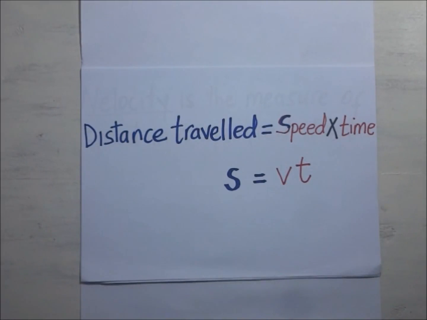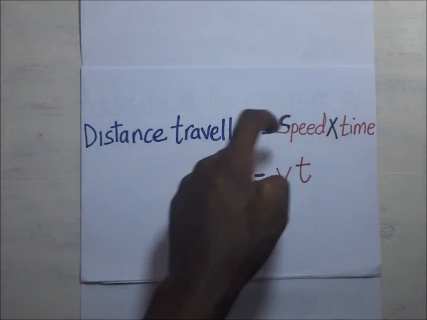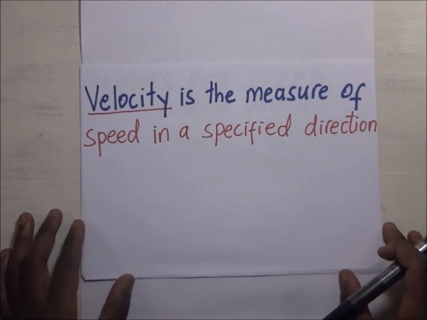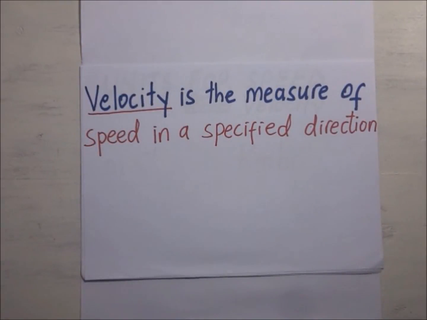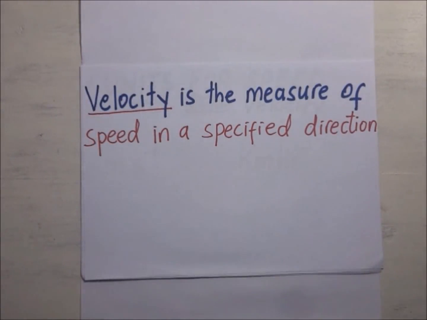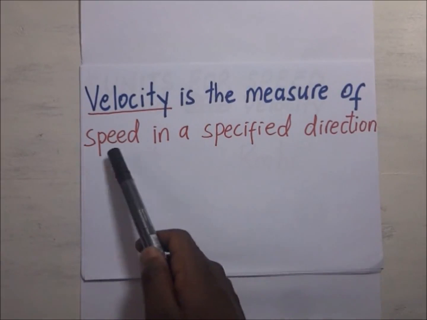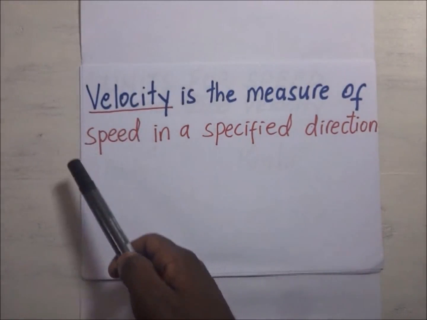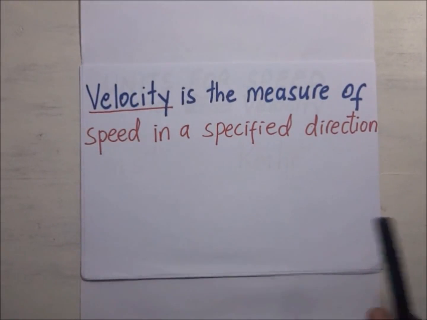But you realize that speed shares the same units with velocity. For example, we know that velocity is the measure of speed in a specified direction. So this brings us to the difference between these two. Speed is a scalar quantity, velocity is a vector quantity. We all know that scalar quantities are simply physical quantities that only have magnitude, and these include things like mass, density, area.